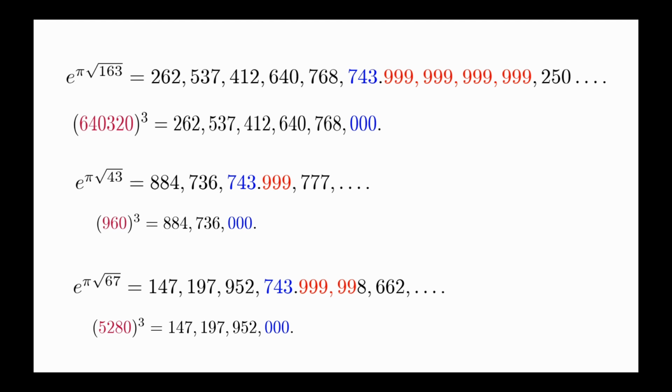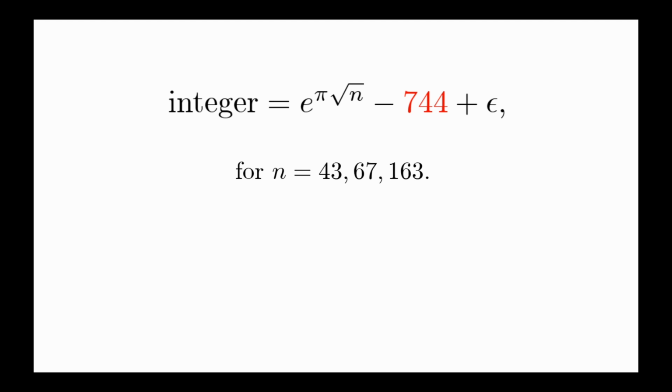It is not at all clear how we are going to explain these observations, but we know that at the end we want to show that an integer is equal to e to the pi times square root of n minus 744 plus some really small positive quantity, at least for n equals 43, 67, and 163.